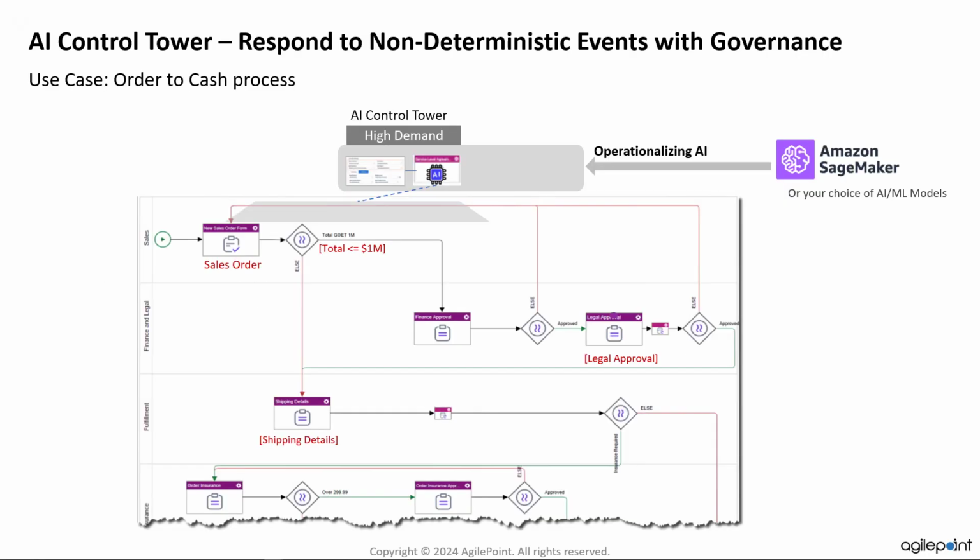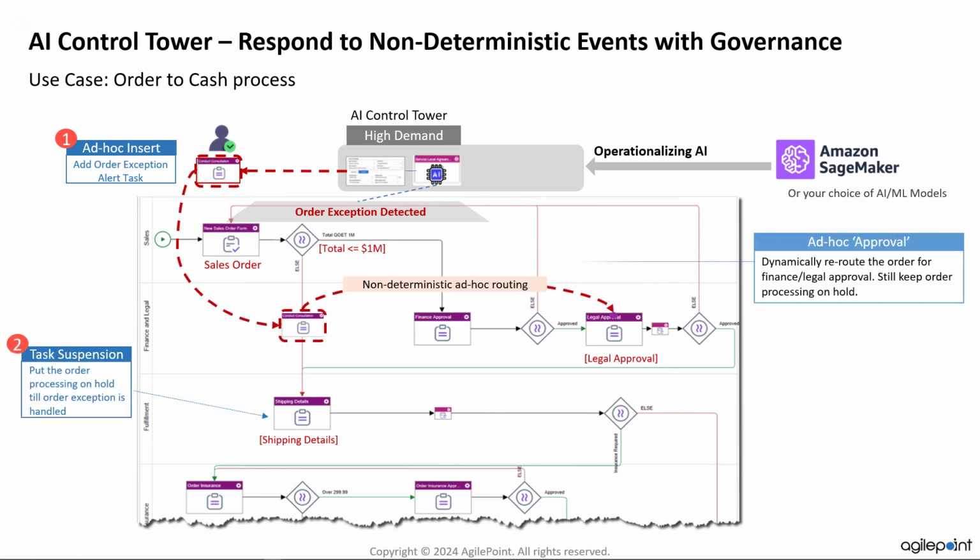So what we're going to see here is a salesperson inputting the details of an order where the total sale amount is under $1 million, but at some stage during the fulfillment, it is predicted that the products will be in high demand. So when that scenario takes place, we're going to suspend all of the downstream processes that you're seeing at the bottom of my screen and surface an insight to our application owner that we should insert a task that did not exist previously.